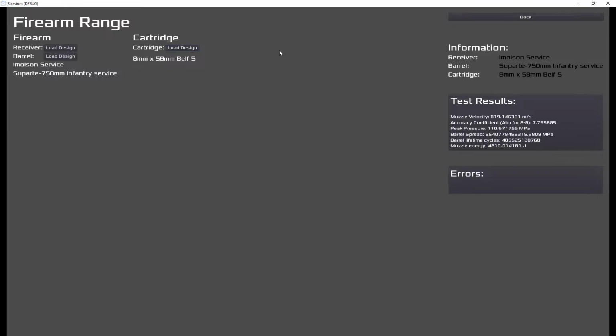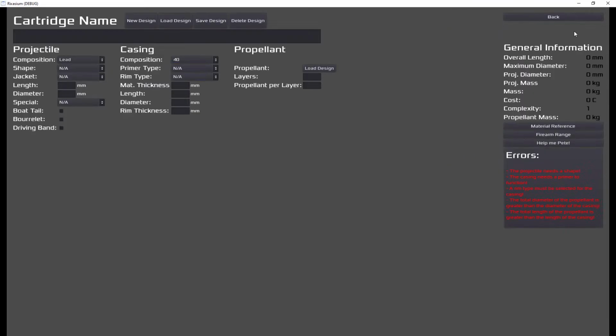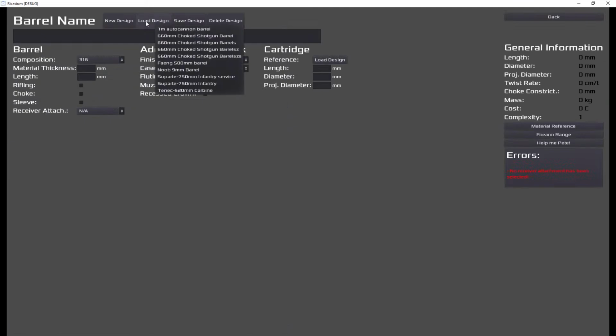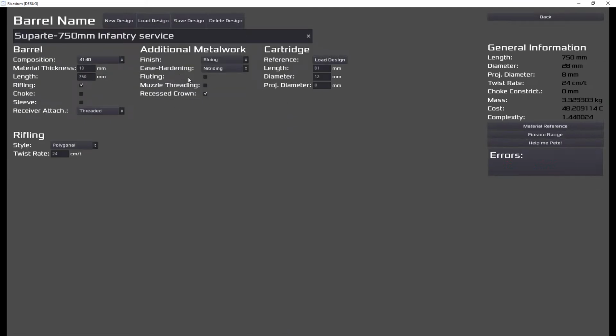But here, let's just check this out. Oh no, I was just being funny, silly. Pen and paper. So barrel spread. What is our barrel? So we have it with 10 millimeters of barrel thickness.